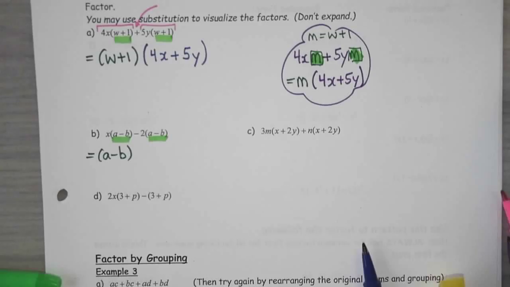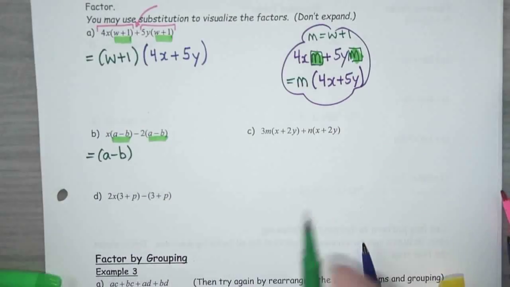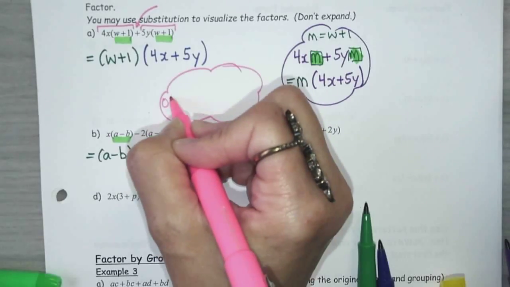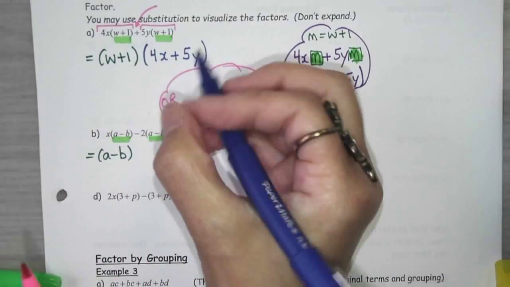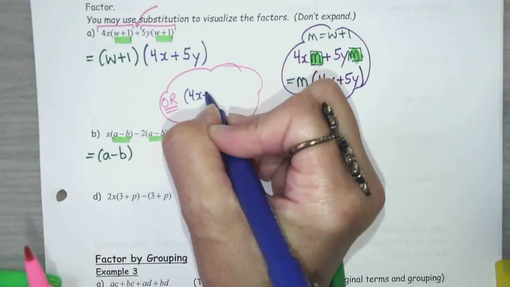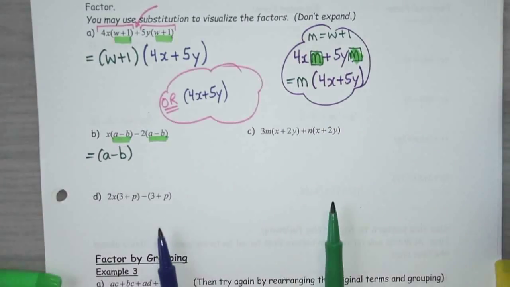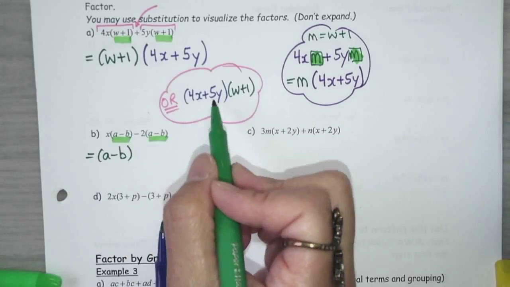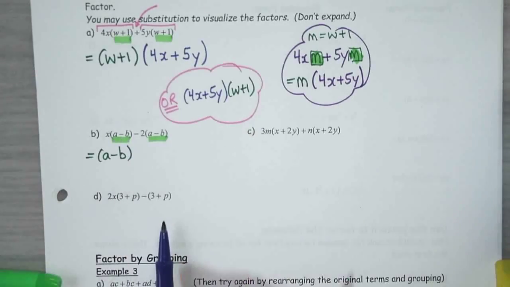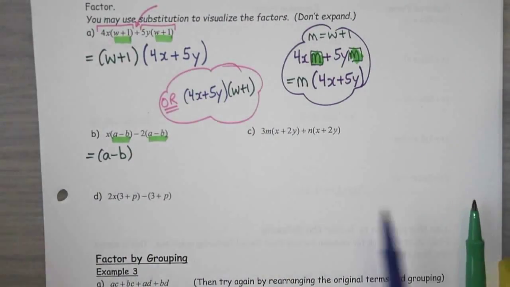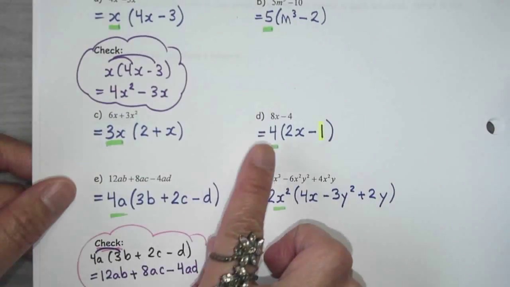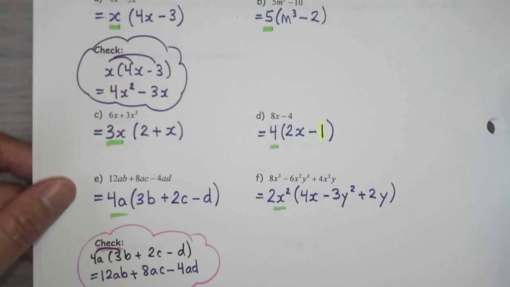So in other words, you could have written, or, 4x plus 5y and then w plus 1. That's the same as this. They're just written backwards. That's okay. For the section that we did before with the monomials, we always write monomials first.